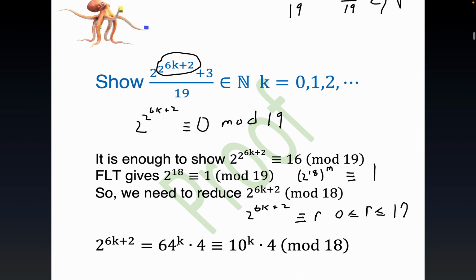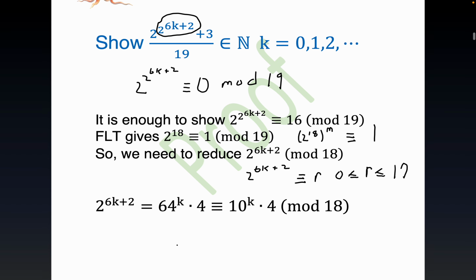The rest of it is fairly straightforward. Here are just laws of exponents. 2 to the 6th power is 64. You can bring the k up. And then 2 squared is, of course, 4.